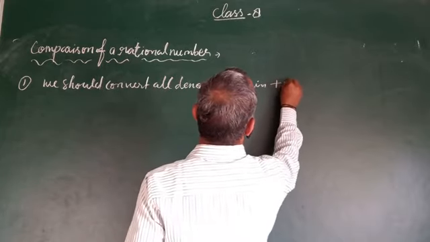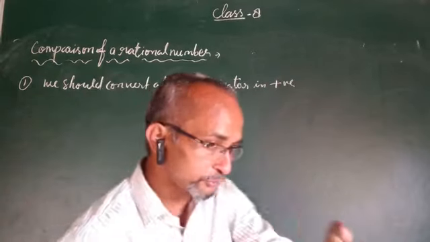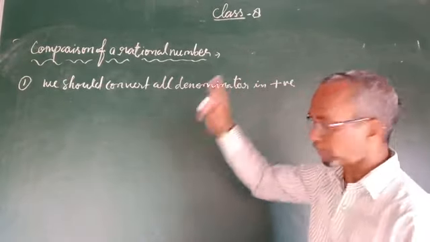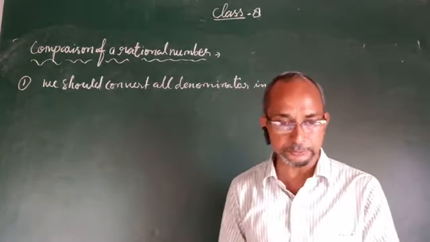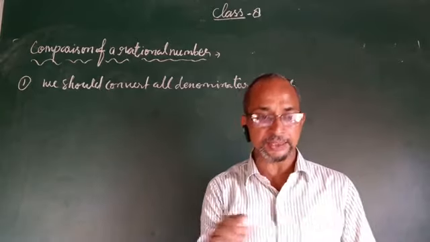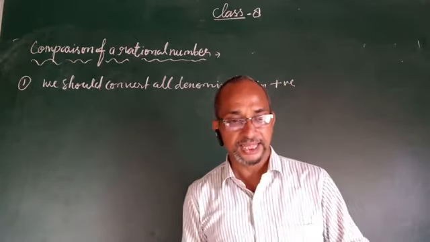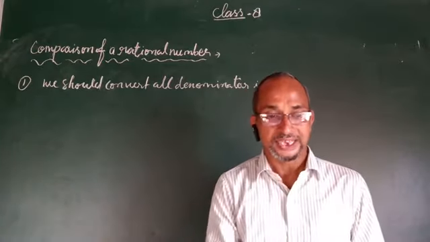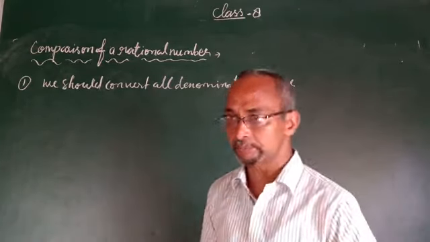First step, all denominators you should convert into positive. Second step, express each rational number obtained in step 1 as an equivalent rational number having the LCM as denominator.